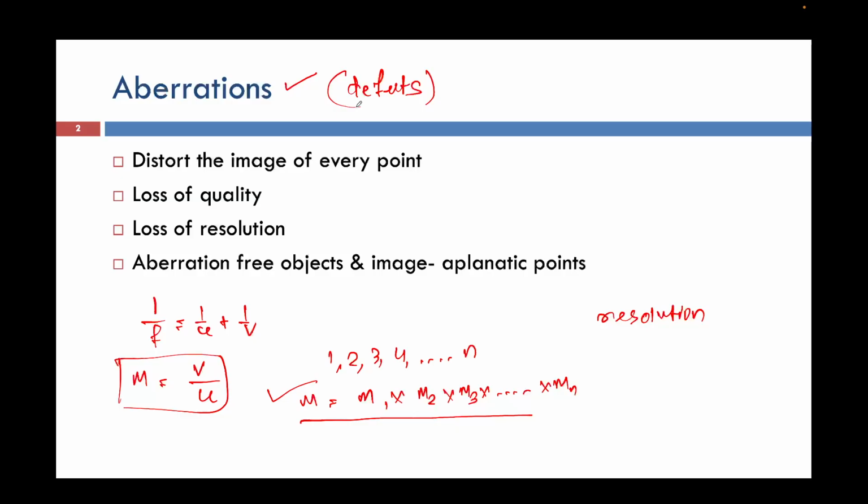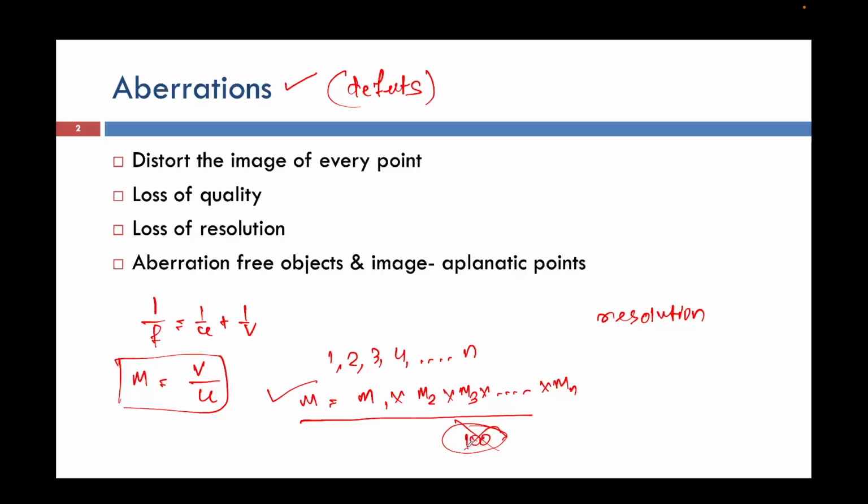Due to them, we cannot put 100 lenses and say we are going to 1 million or 5 lakh magnification and can see atoms or a few columns of atoms. So that is the reason we have to study the defects.